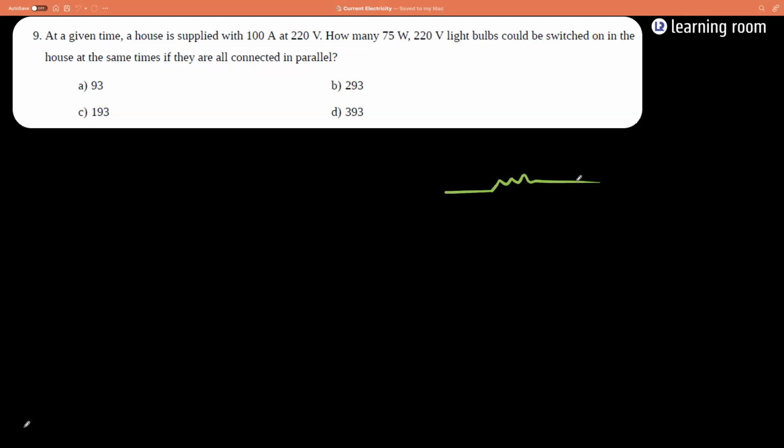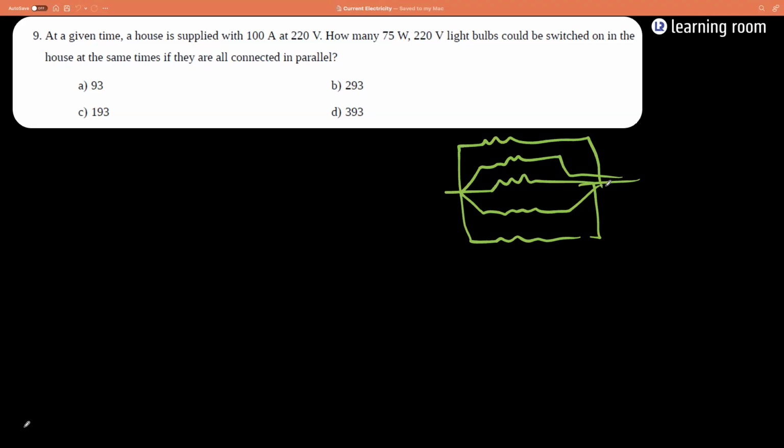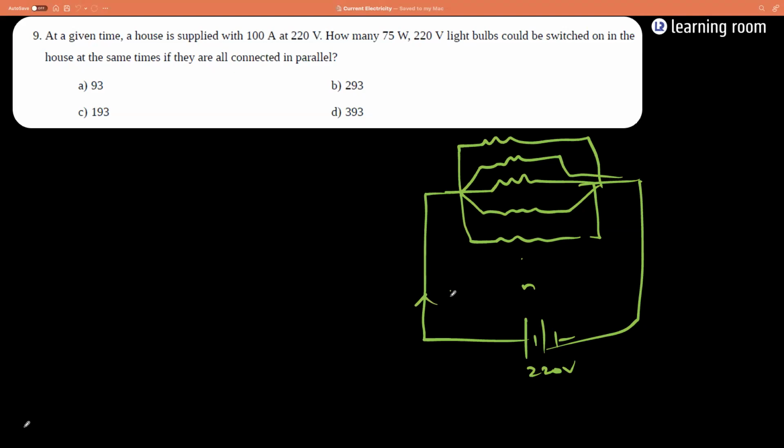So let's say you have one resistor here, 2, 3, 4, and it keeps on going. We need to connect n resistors to a battery source of 220 volt, and a current of 100 ampere is supplied. Now, how many such bulbs can be connected is the question.